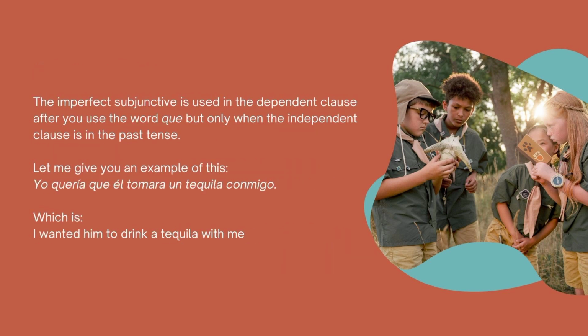The imperfect subjunctive is used in the dependent clause after you use the word que, but only when the independent clause is in the past tense. Now let me give you an example of this. Yo quería que él tomara un tequila conmigo, which is I wanted him to drink a tequila with me.